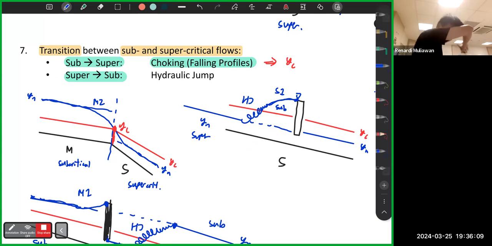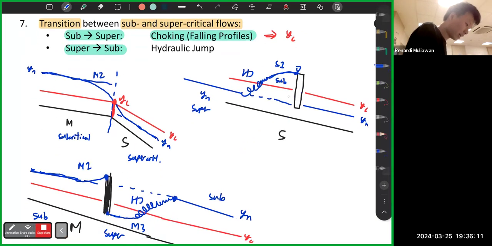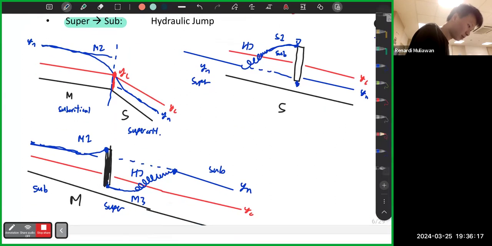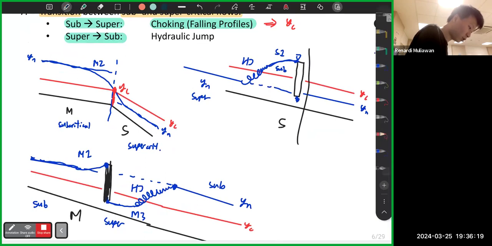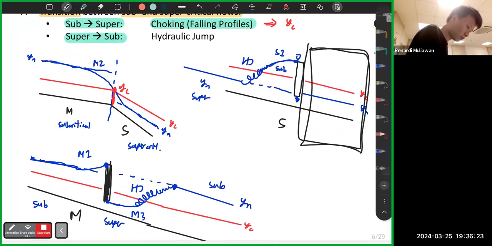Okay? And then for this part, again, this one forces down from below, right? Actually, before that, let's draw a box first. So here's a box. Again, this one is a supercritical flow. Supercritical flow, you check the upstream. It's an upstream control, so you check what's happening upstream.